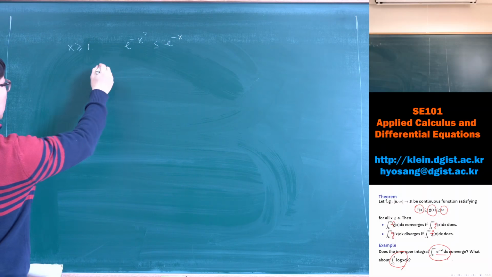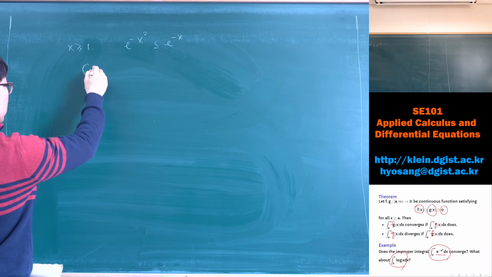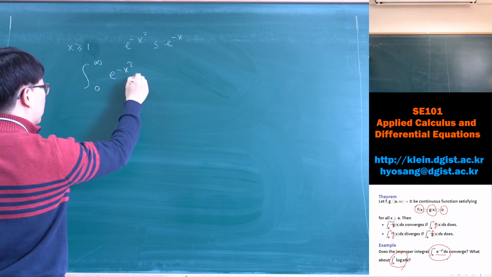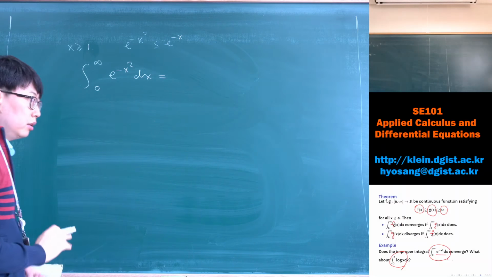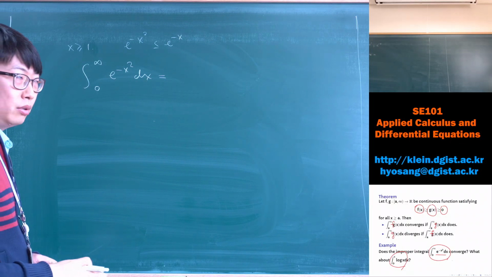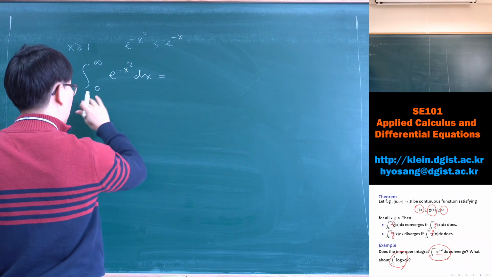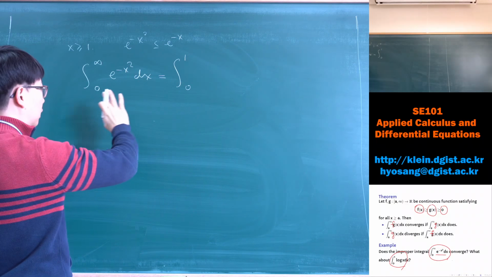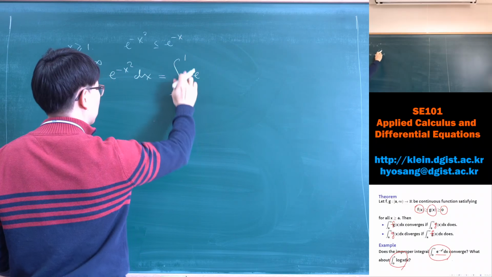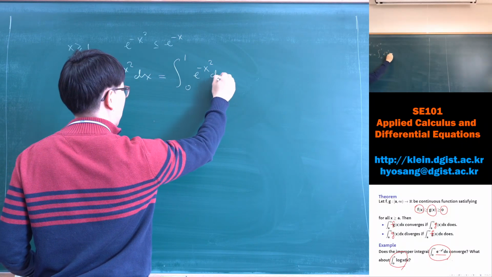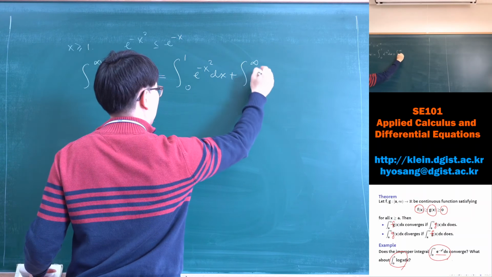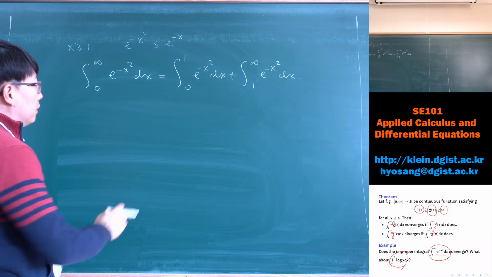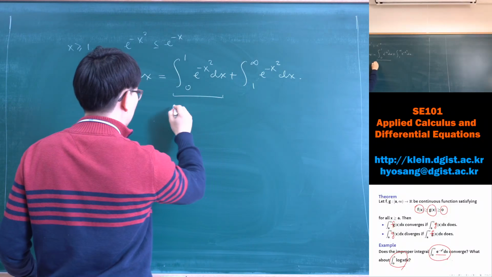Now, if you try to take the integration from 0 to infinity of e to the negative x squared dx, although 1 is not a discontinuous point, you can simply, as a definite integral, take the sum of integrals from 0 to 1 of e to the negative x squared and 1 to infinity of e to the negative x squared for convenience, okay? So this is a definite integral.